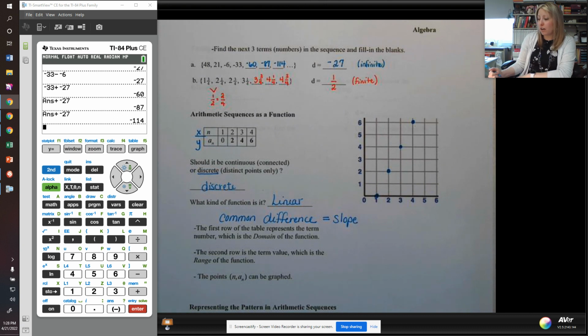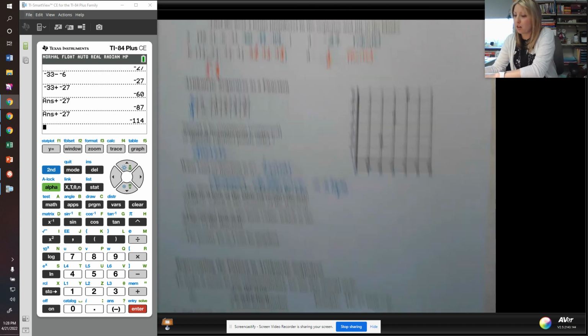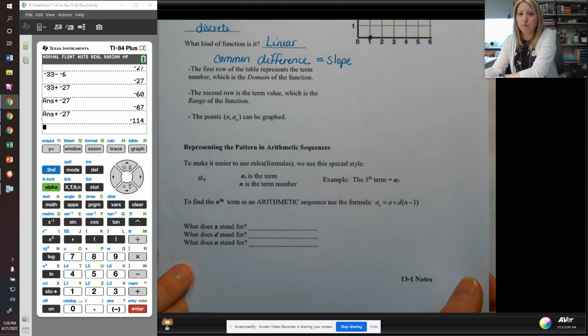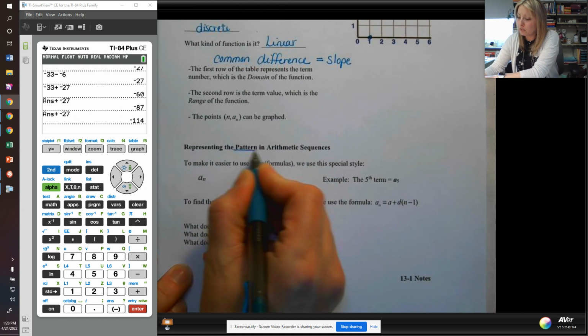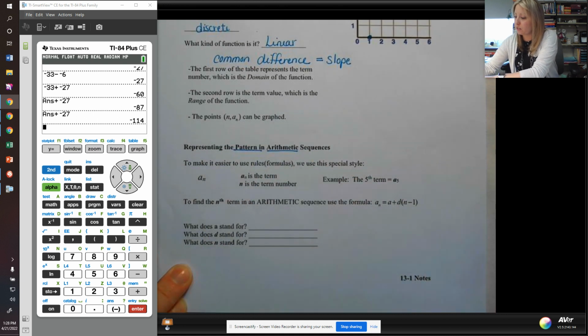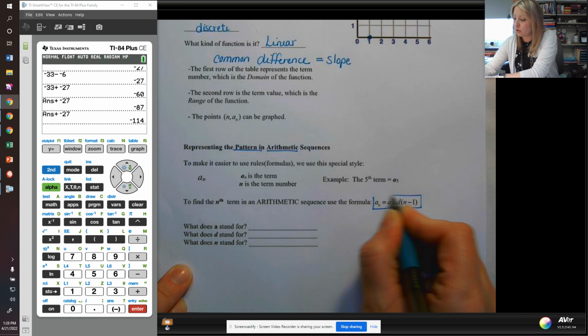Well, it also turns out there's a specific formula that we can use to figure out the nth term as long as we have our initial value, our common difference, and what the term number is that we want. And that specific formula is right down here at the bottom of our paper. So representing this pattern in our arithmetic sequence goes as follows.